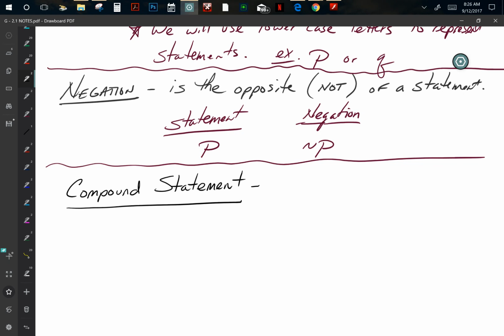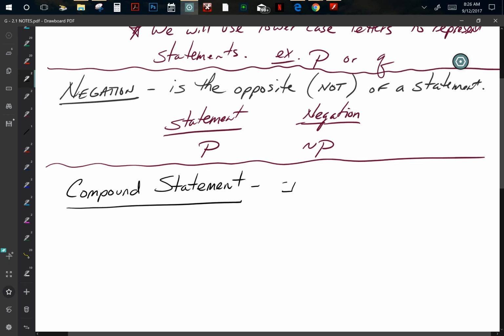Let's see. We join two or more statements with an and or an or.